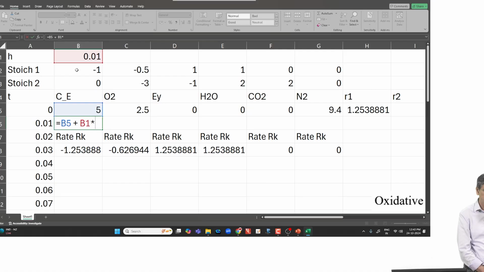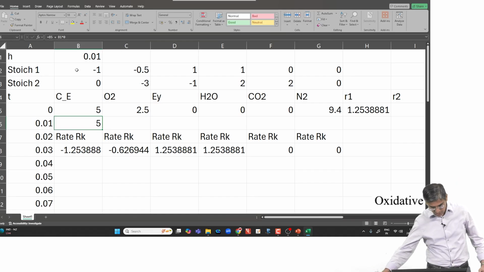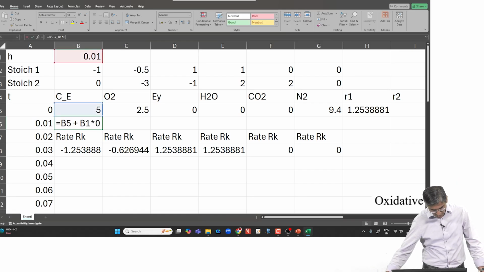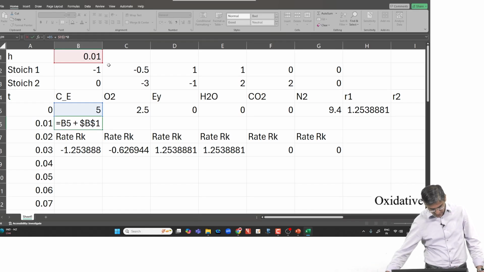I have to put something, I will replace that 0 with something. This is what this is. Now, when we move up and down, your H value should not change. So I will put dollars over here.